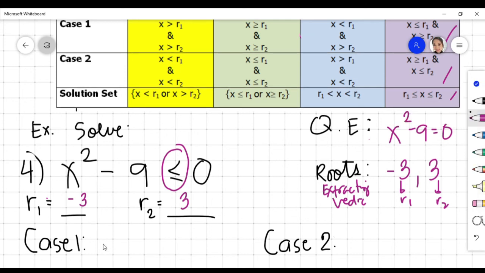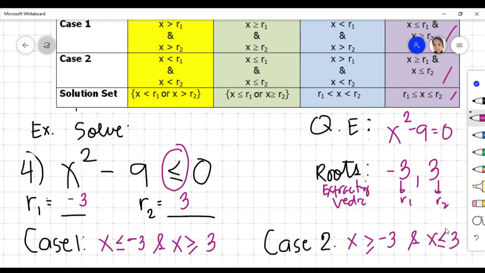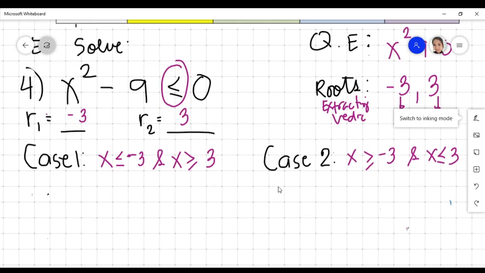That is x less than or equal to r1, which is negative 3, and x greater than or equal to r2, which is positive 3. For case 2, that is x greater than or equal to negative 3, and x less than or equal to positive 3.